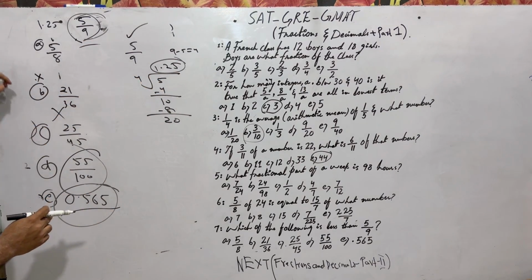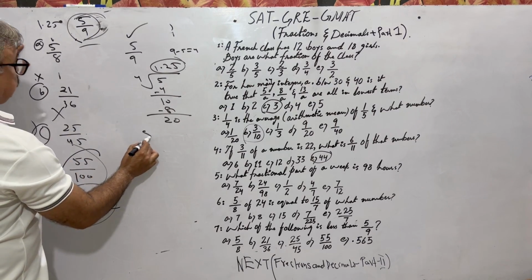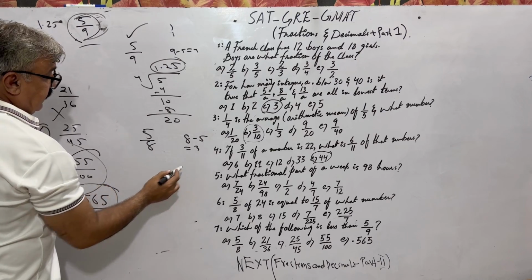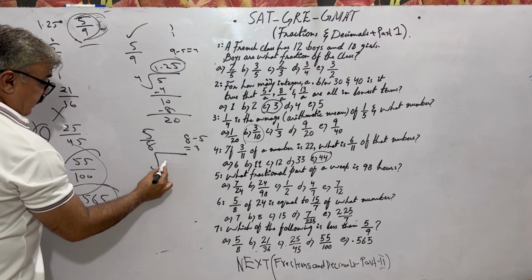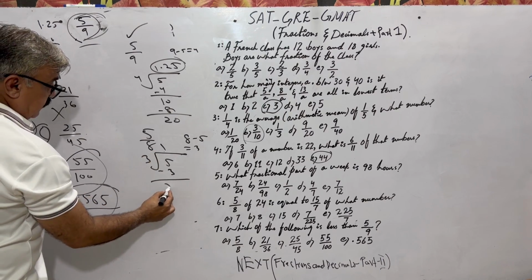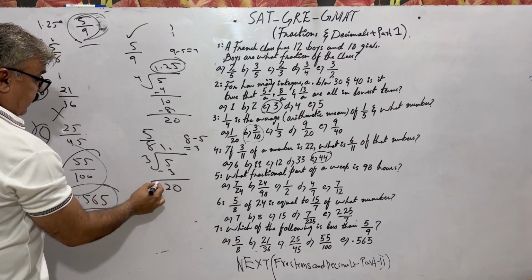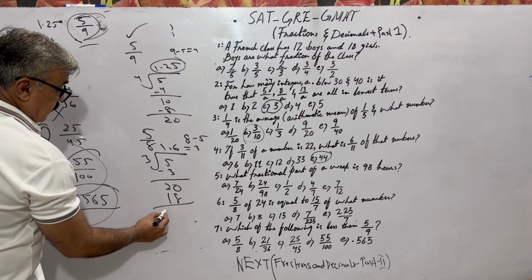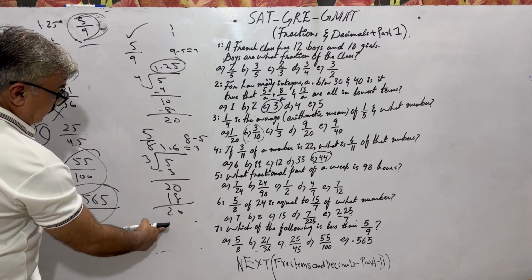What about this? 5 over 8. 8 minus 5 is 3. So divide 5 by 3. 1 times 3 is 3. Subtract. I am going to have 2. Introduce 0. 6 times 3 is 18. Again 2, 0. 6 times 3 is 18.